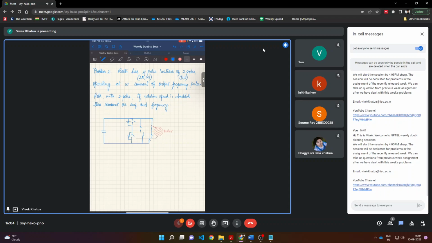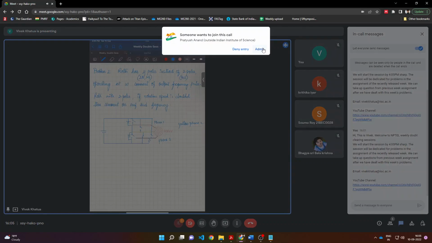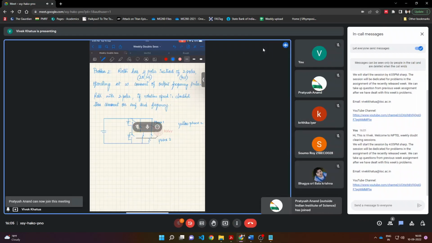Okay, so let's take this as phase one, yellow as phase two, and black as phase three. So what this inverter circuit does is that it's again kind of switching frequency based.